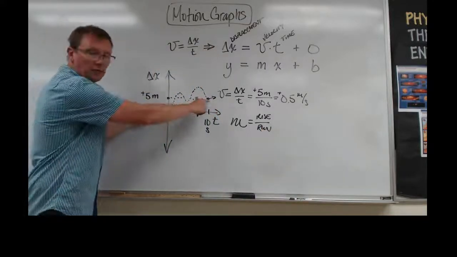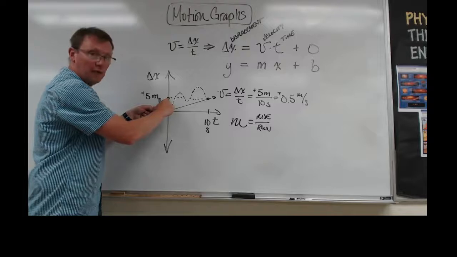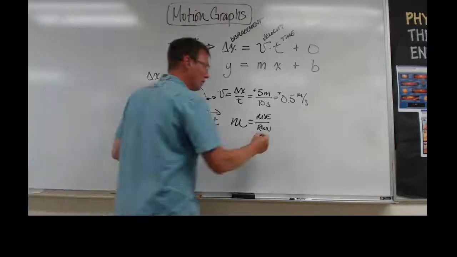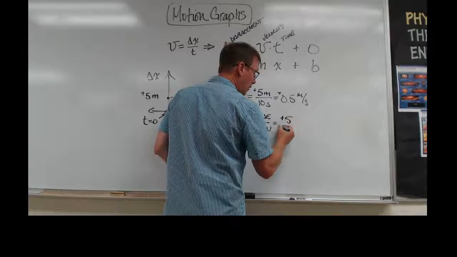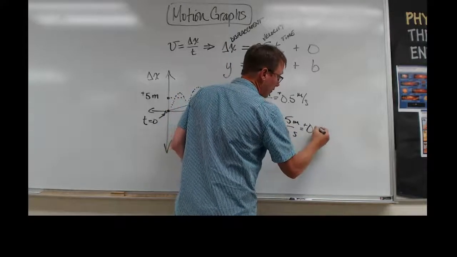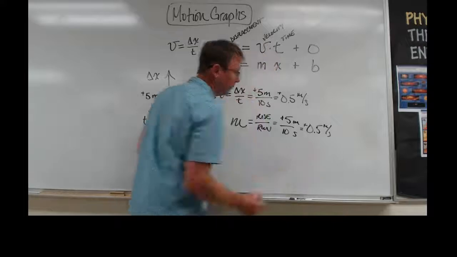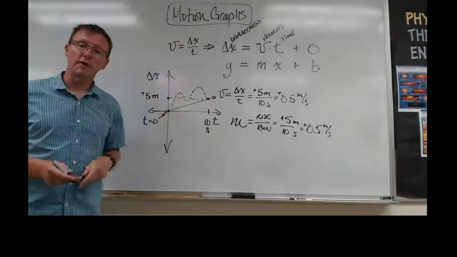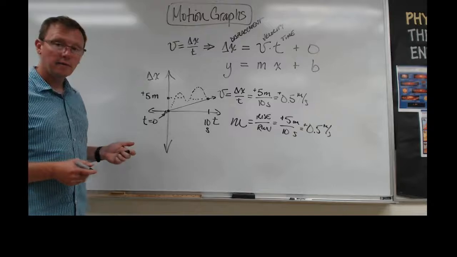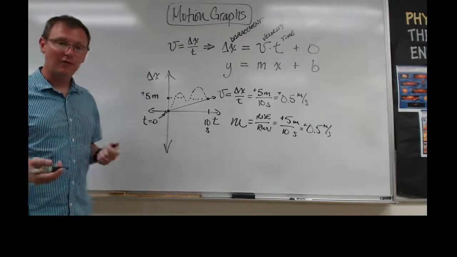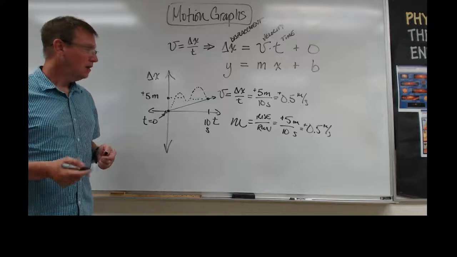Well, I only know those 2 points for sure. So it rose positive 5 meters, and it ran 10 seconds. And so as a result, I end up with exactly the same thing. So you can see that the slope and the velocity are going to be the same over that time, which is pretty cool, right? So you could use the slope to be able to figure out the velocity if you can't figure out anything else.